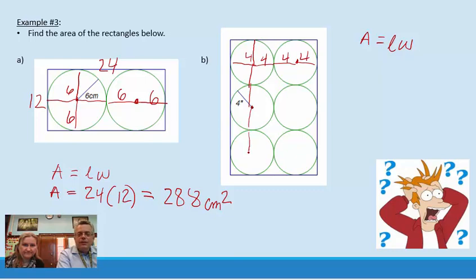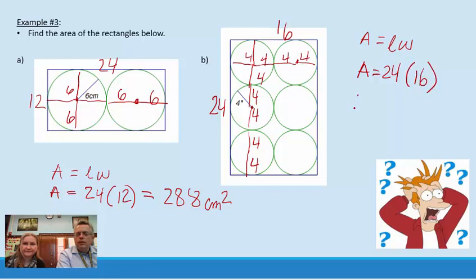Again, this is 4, 4, 4, 4, and 4. So for the length, I have 24, and for the width, I have 16. That's 384, and the units are inches in this case, so inches squared. Awesome. Those are the examples.